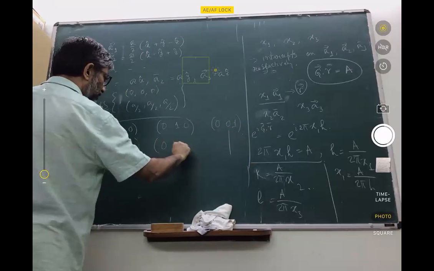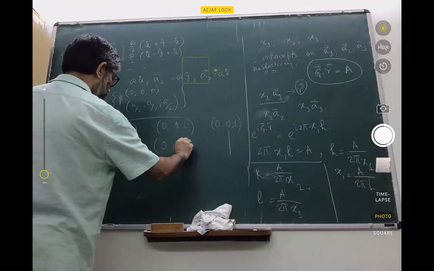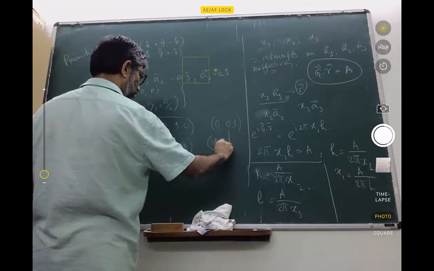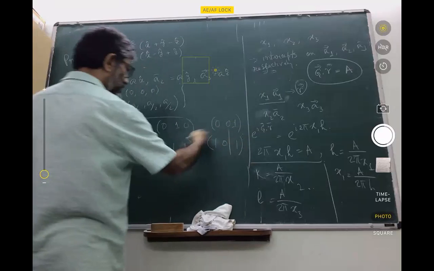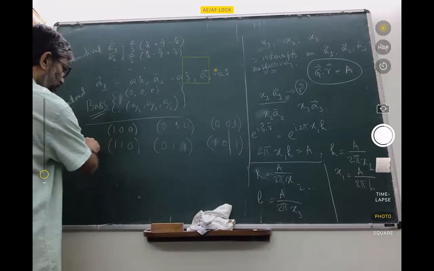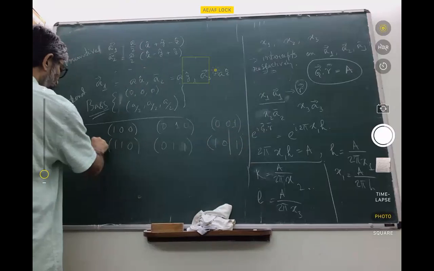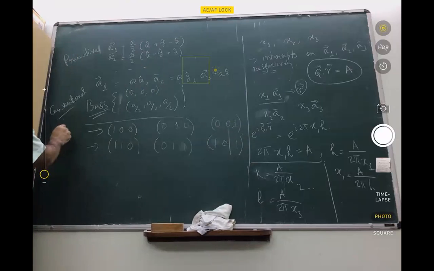These three are symmetry equivalent. So these things taken together are represented as the 1, 0, 0 family of planes. This would be the 1, 1, 0 family of planes, and so on.